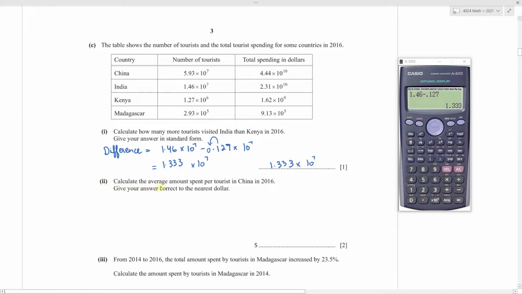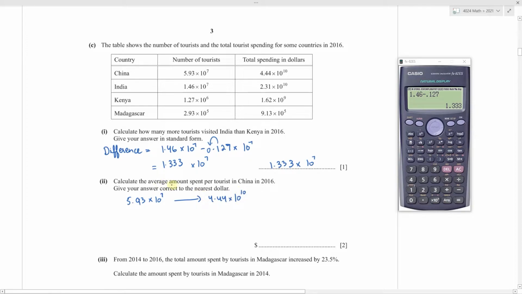Part 2, calculate the average amount spent per tourist in China in 2016. Give your answer correct to the nearest dollar. So you have how many tourists in China? 5.93 into 10 power 7. And how many dollars were spent? 4.44 into 10 power 10.